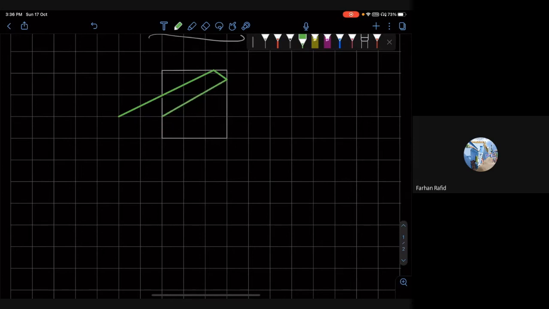So it'll be something like that. After a few reflections, it'll get absorbed. So by incident, I mean it's going to be very, very unlikely that the radiation is going to leak out.